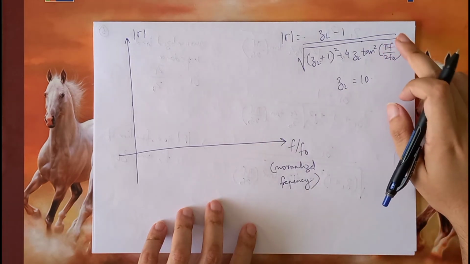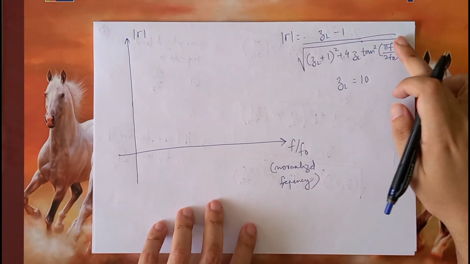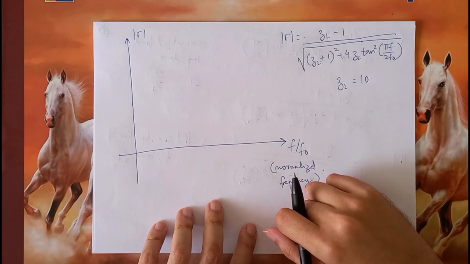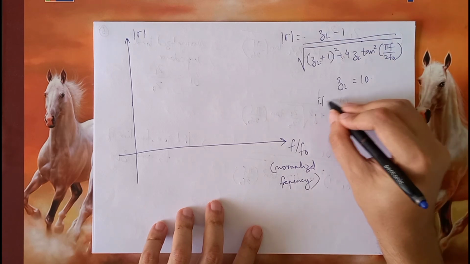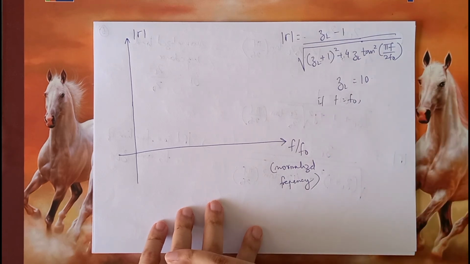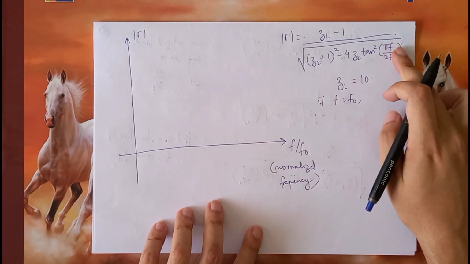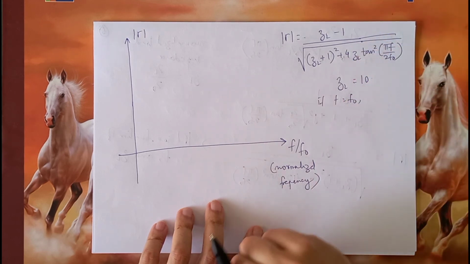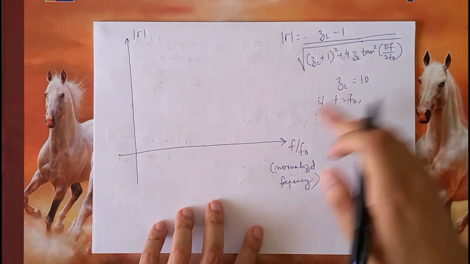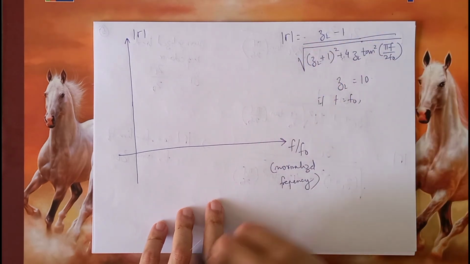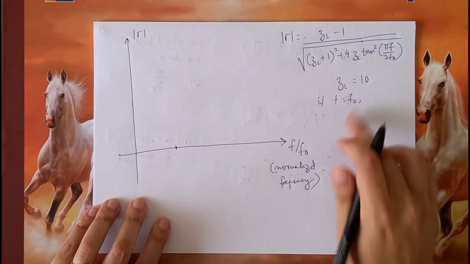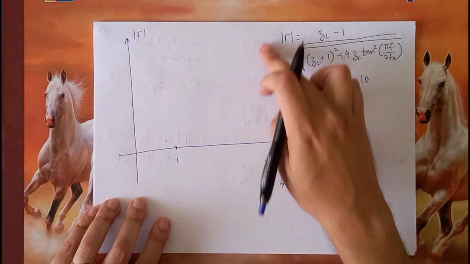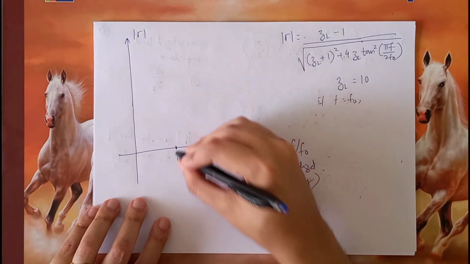So let us say we take the special case when f becomes equal to f0. So in that case, this tan term will become tan square of pi by 2. So therefore this entire denominator will try to go to infinity. So anything divided by infinity is 0. So therefore, when f by f0 is 1, at that time mod gamma will be 0 always.